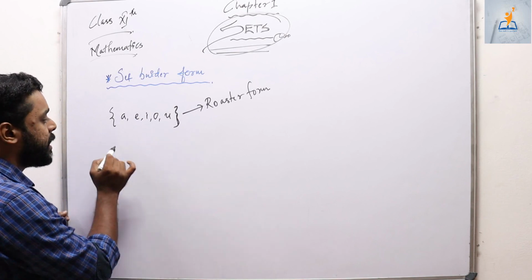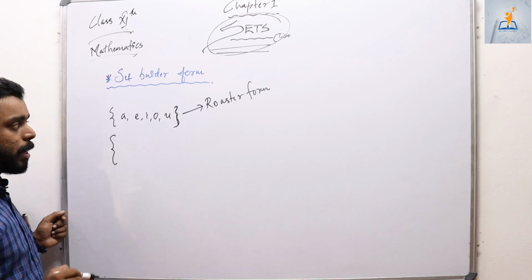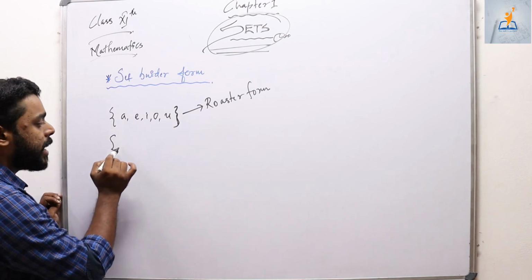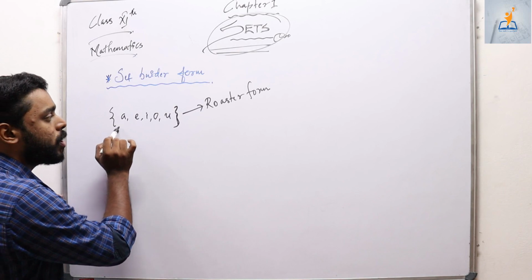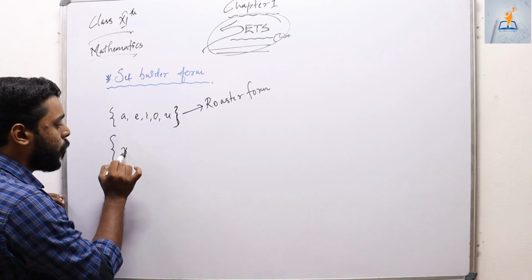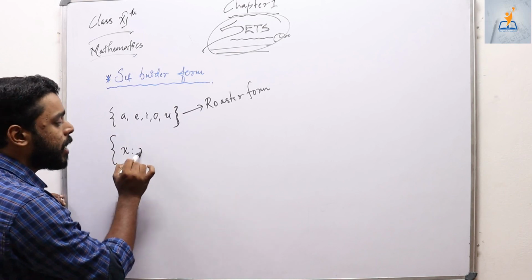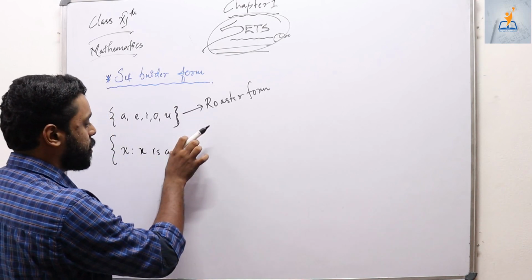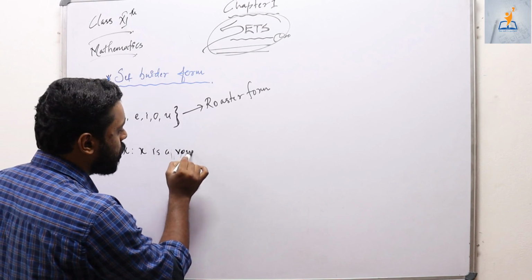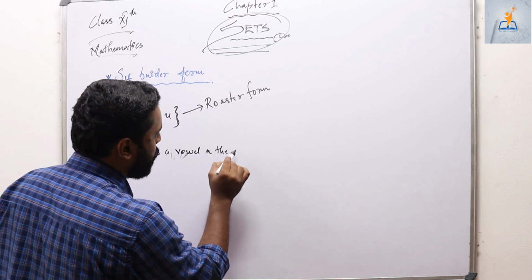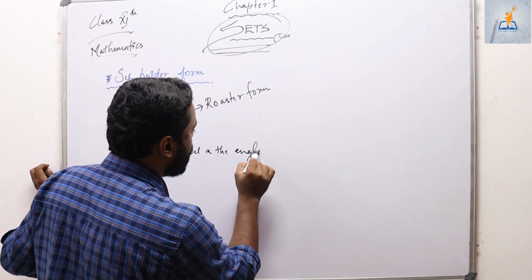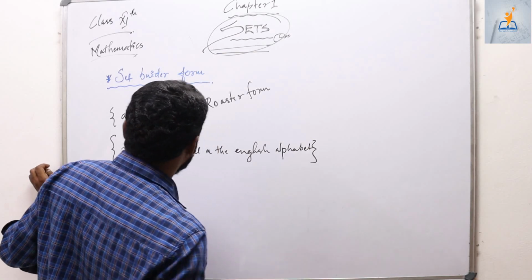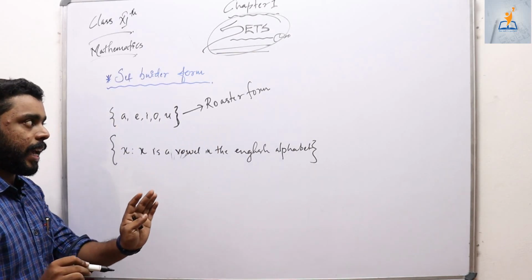So this same set can be represented in set builder form as, you have to put that also in curly brackets, and in the set builder form we denote the same set like this: set of all x such that x is a vowel in the English alphabet.